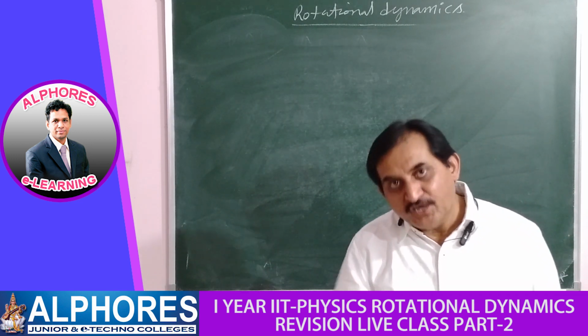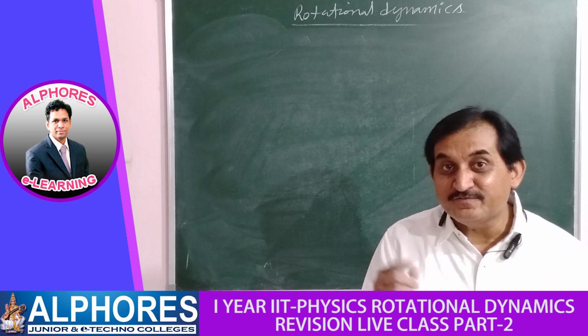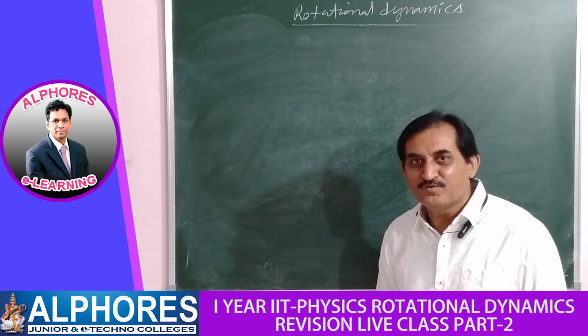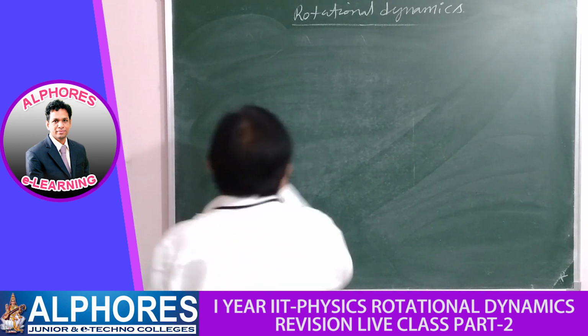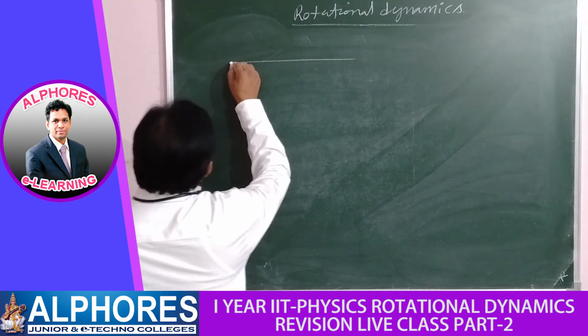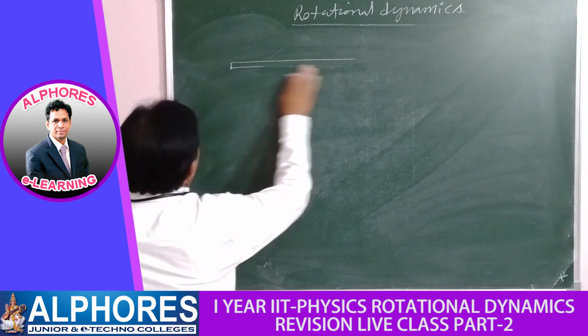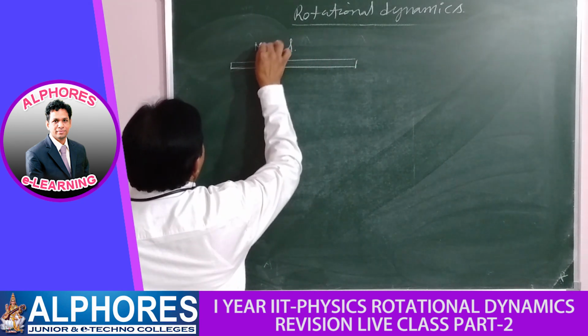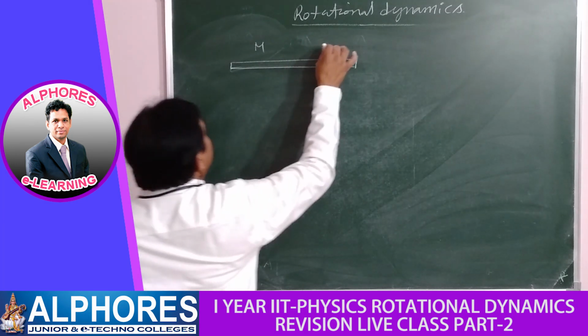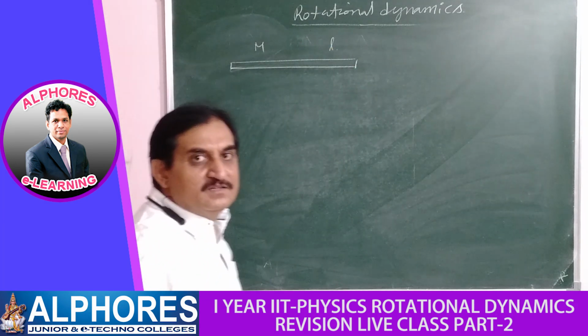The same we continue in this part. Let us find the moment of inertia of a regular body, which is a thin rod of length L and mass capital M. About which axis?